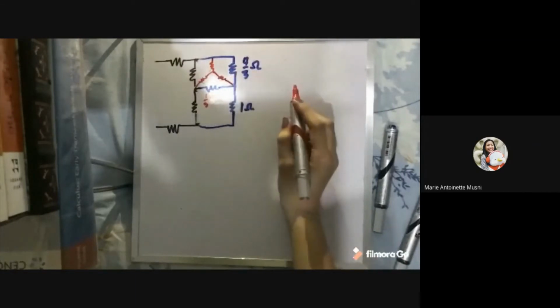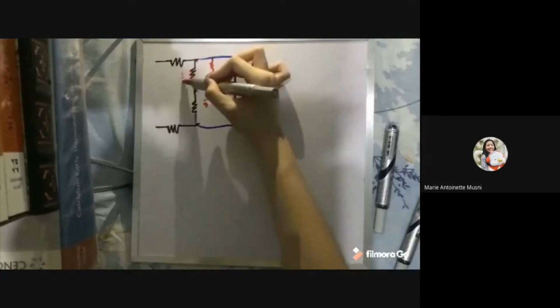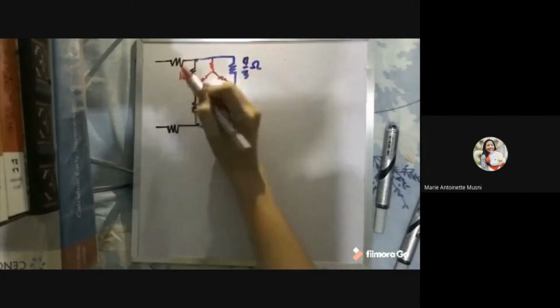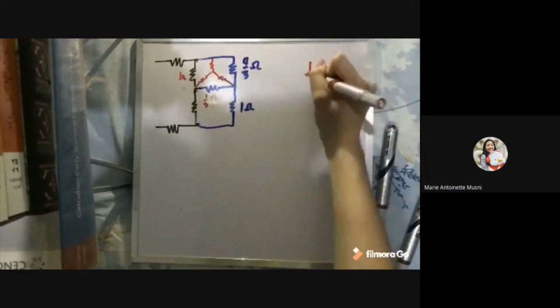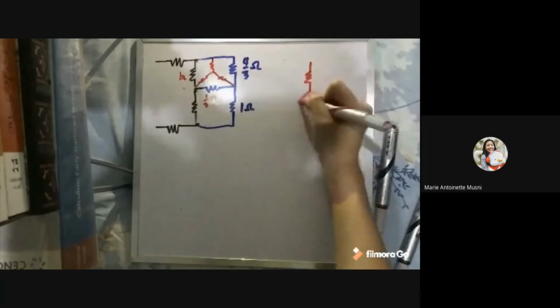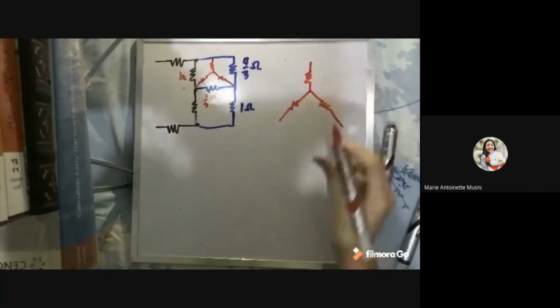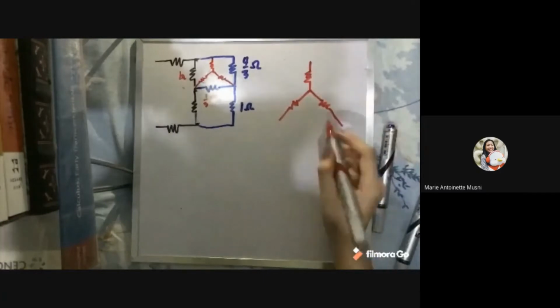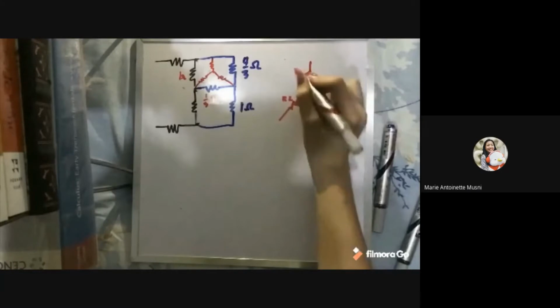So these three, 1 ohm and 1 ohm in resistance, we can just redraw here for a bigger and clearer picture. Let's label this with R1, R2, and R3.